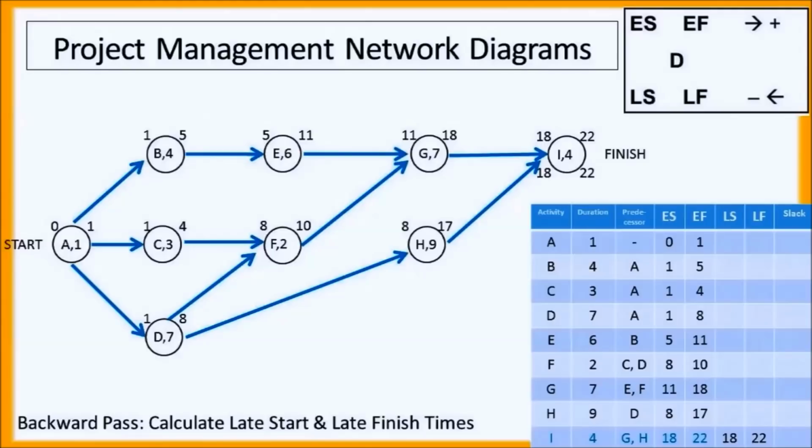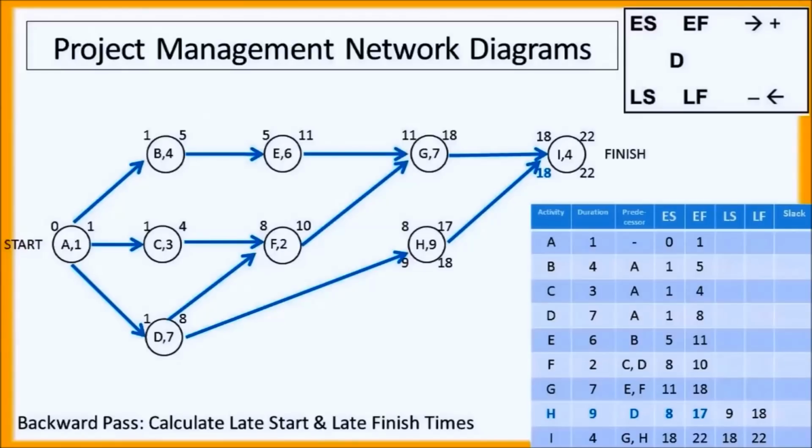So now we know that task H and also task G must be finished. The latest they can finish is by the latest start time of task I, because you can see that these arrows go into task I. So if we're looking at task H, the latest task H can finish is at time 18. 18 minus 9 is 9, so the latest task H can start will be 9.